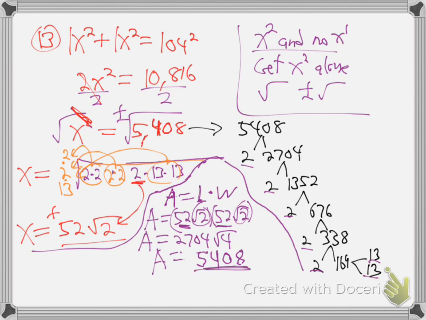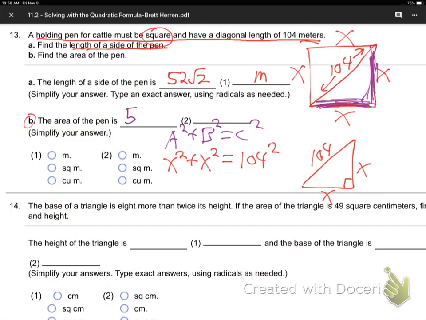And that's the area. 5408. And what unit's on that? Area is in square meters. Meters squared, square meters. Area, remember, is square units. You're saying how many squares can fill up the whole area. Square meters. Whereas length is just regular meters.